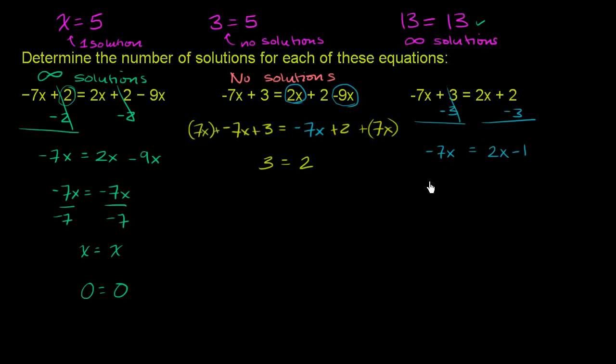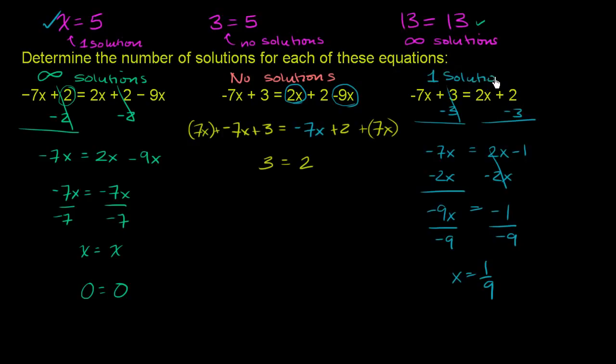So subtracting 2x, you're going to get negative 9x is equal to negative 1. Now you can divide both sides by negative 9. And you are left with x is equal to 1/9. So we're in this scenario right over here. We very explicitly were able to find an x equals 1/9 that satisfies this equation. So this right over here has exactly one solution.